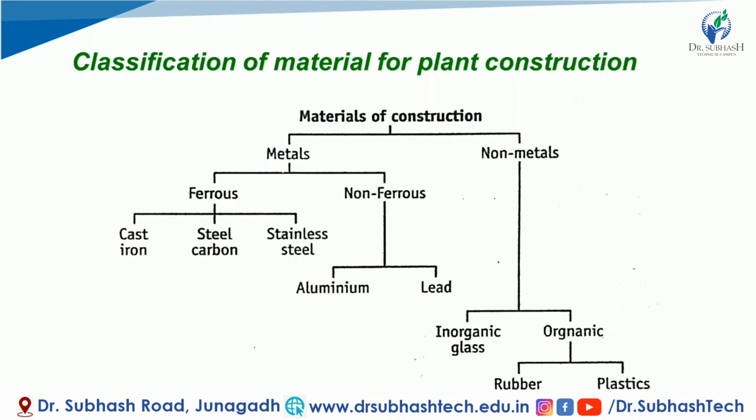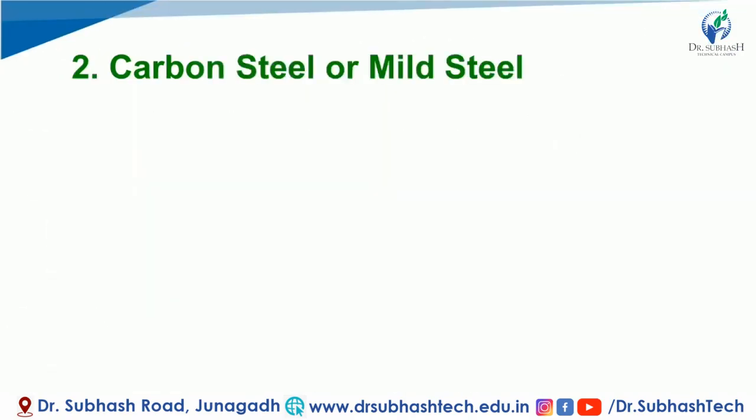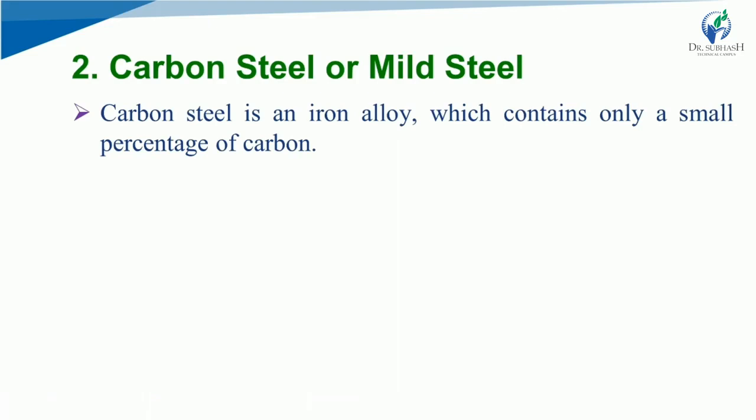In our last video we focused on cast iron, but in this video we are going to focus on steel, carbon and stainless steel. So let's start. The second one after cast iron is carbon steel or mild steel. Carbon steel is an iron alloy which contains only a small percentage of carbon.